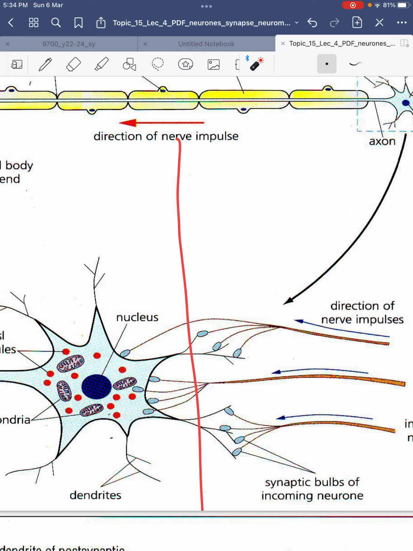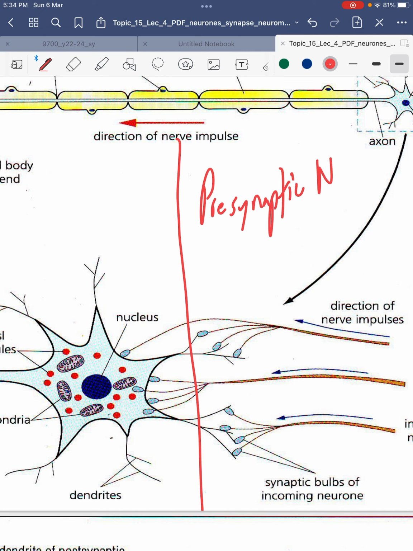Pre-synaptic neuron and post-synaptic neuron.